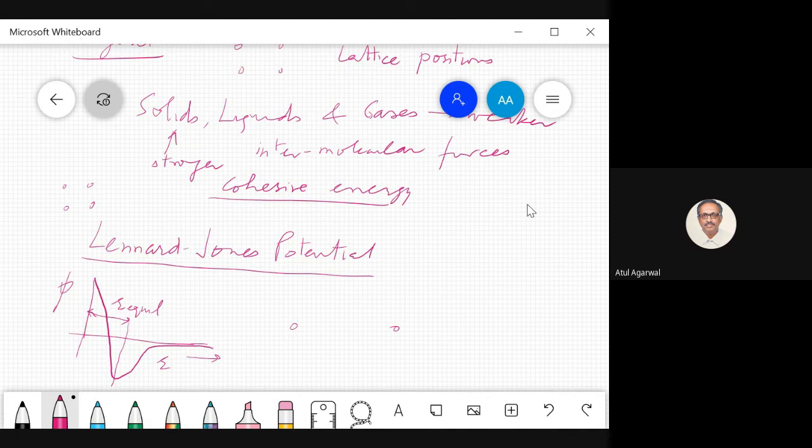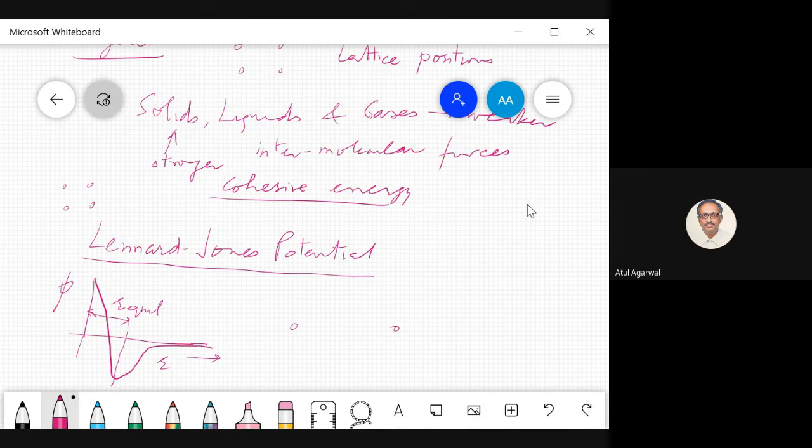When the two particles are very far apart, they don't feel each other. Their interaction is zero, so you say the interaction potential energy is zero. If they come closer, their potential energy becomes negative, so the potential energy is reducing.